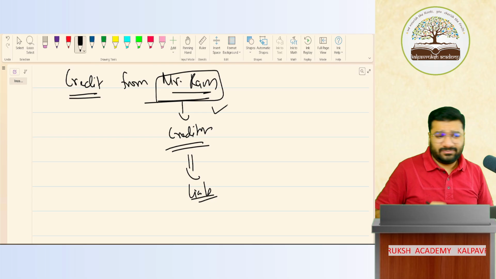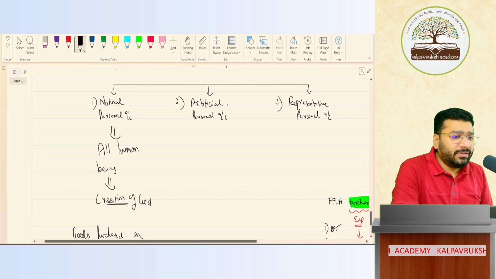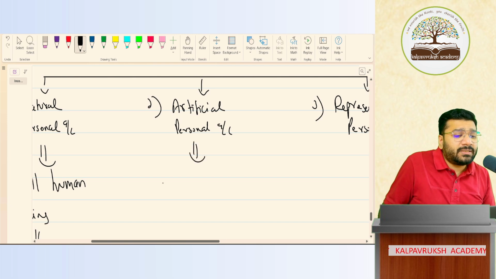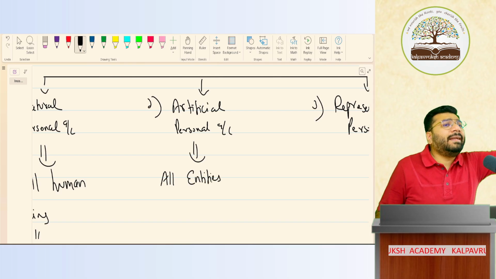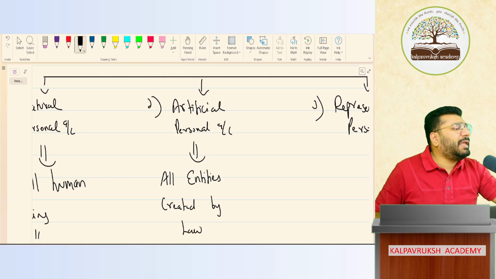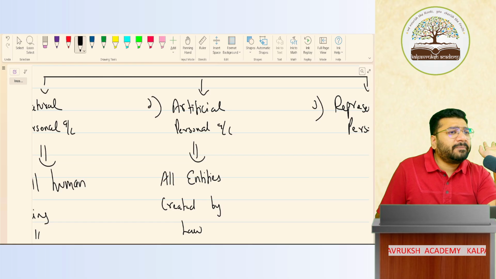No problem in this now? Super. Next is artificial person. What is an artificial person? All entities created by law. Any kind of entity you say: sole proprietorship concern, partnership concern, LLP, OPC, that is one person company, private company, public company, trust, society, association of persons, body of individuals, whatever you say.